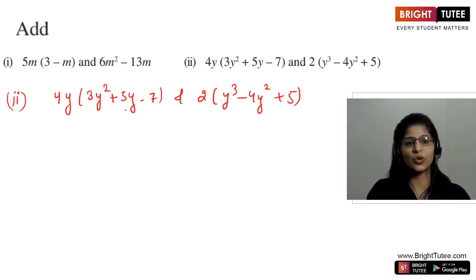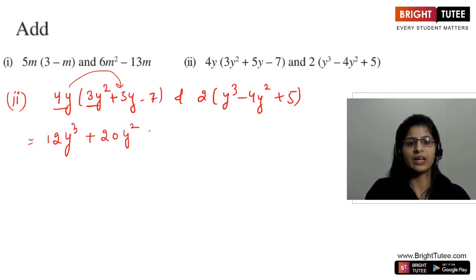Just multiply this 4y inside the bracket. 4y into 3y square: 4 threes are 12 and y into y square will form y to the power 3. Then 4y multiplied with 5y: 4 into 5 is 20, y into y is y square. Then minus 7 into 4 is 28y. So this is the first one.